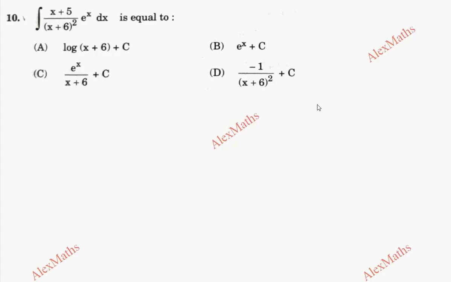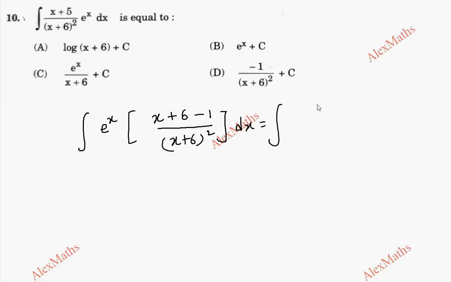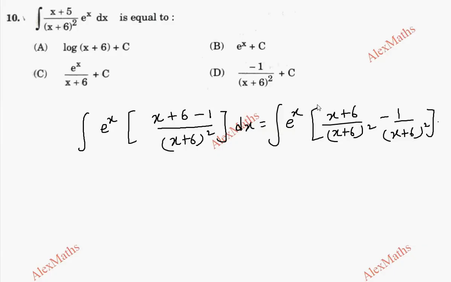Question number 10. We have integral of x plus 5 by x plus 6 whole square into e power x dx. We are going to rewrite this. E power x, we have x plus 5. Let's write it as x plus 6 minus 1, and next we have x plus 6 whole square. So we are going to divide it individually, so that this is integral e power x, and this becomes x plus 6 by x plus 6 whole square and minus 1 by x plus 6 whole square, and we have dx.